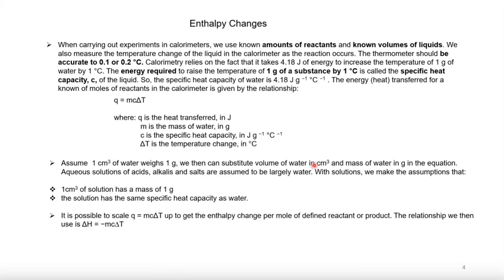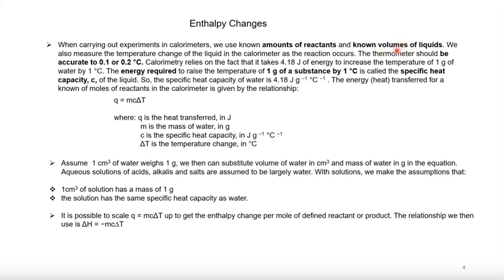While we do the experiments in calorimeters, we have to use known amounts of reactants and known volumes of liquid. Do remember, known amount of reactants and known volume of liquid. That means we measure the amount of reactants either by balance, or if it is a liquid, with a pipette where we get the exact known volume.